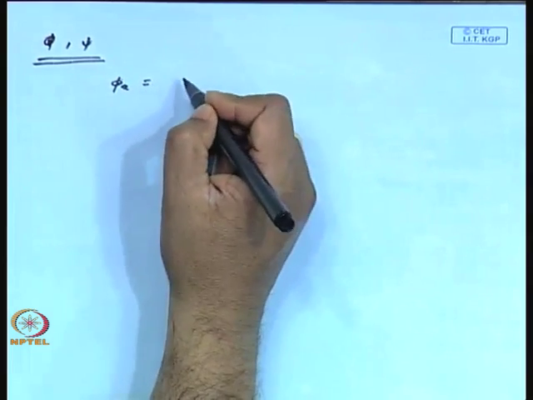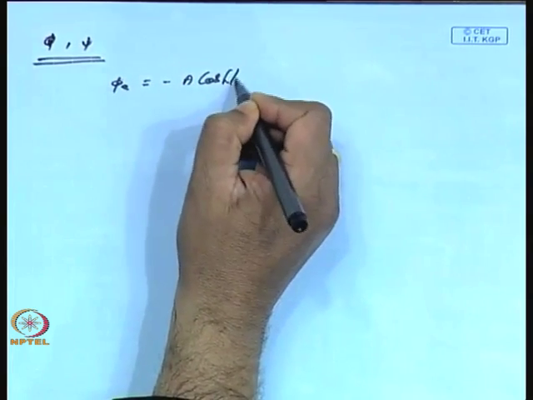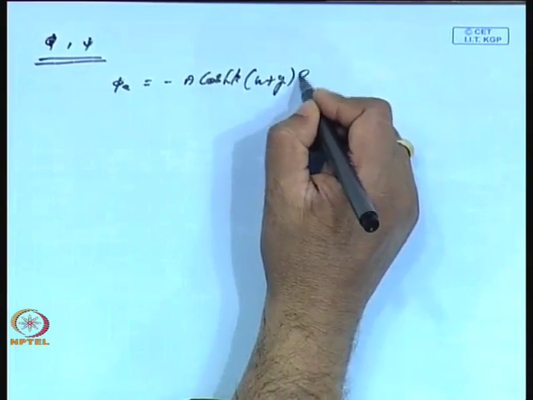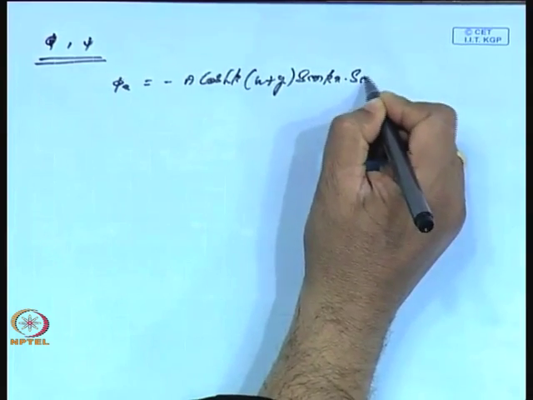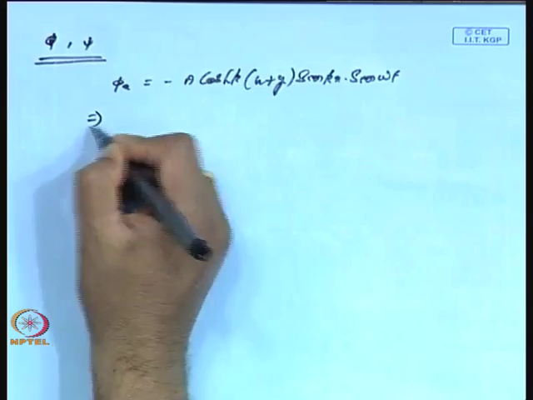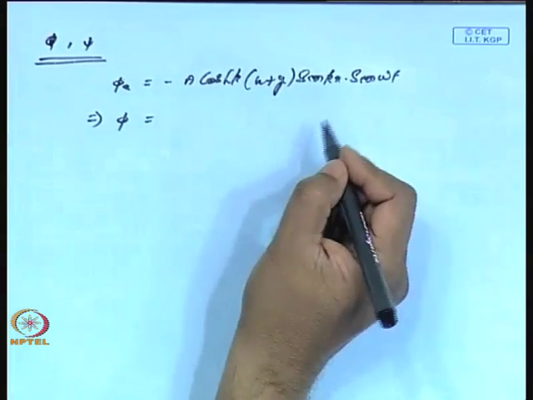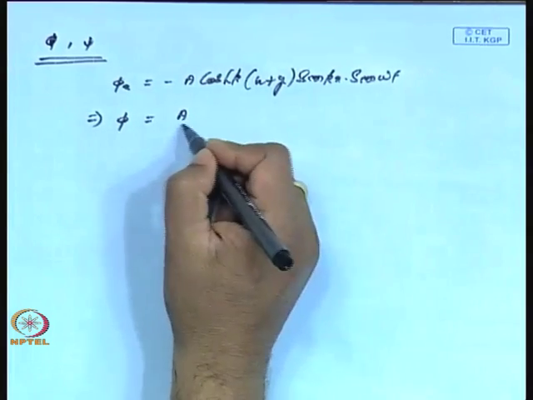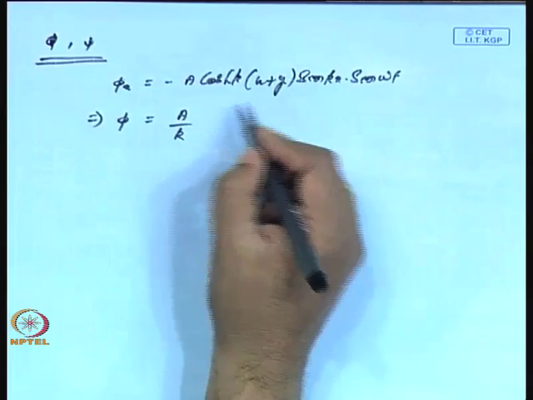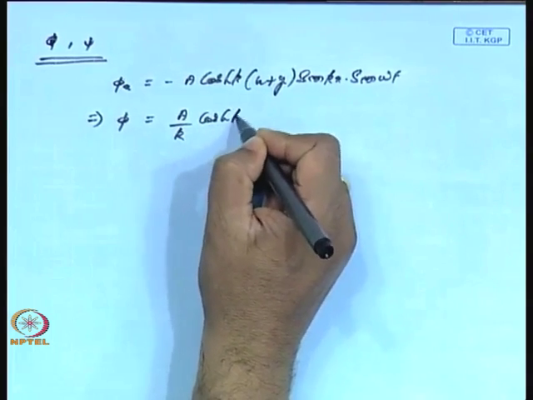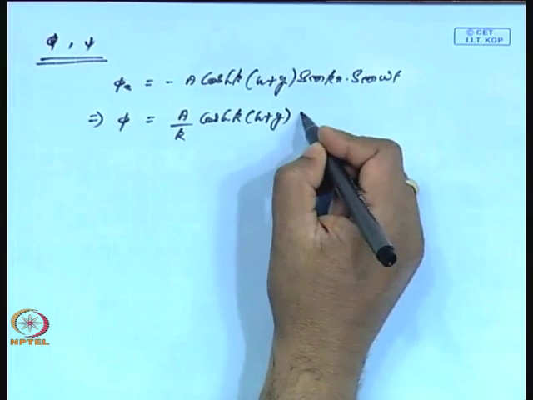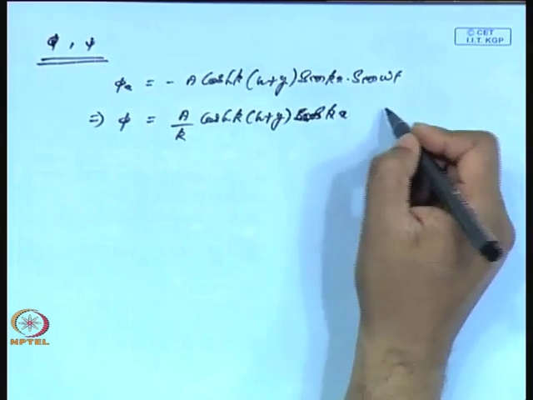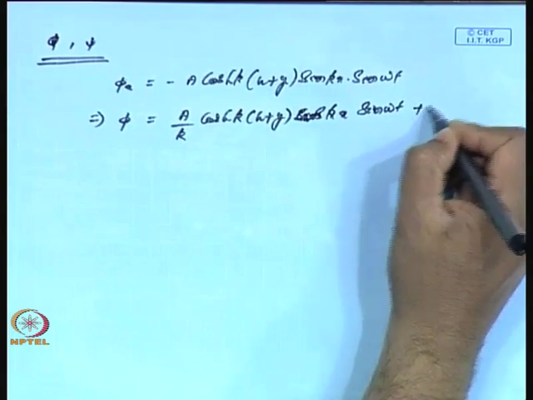So, u is nothing but phi x, which is minus a cosh k into h plus y, sin k x sin omega t, and which implies phi is equal to a by k cosh k into h plus y into cos k x sin omega t plus f of y.